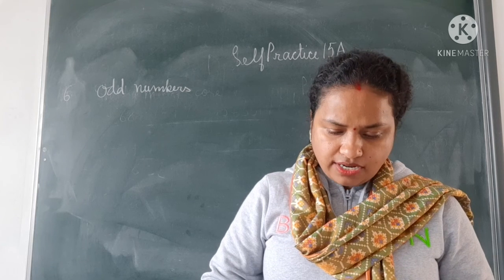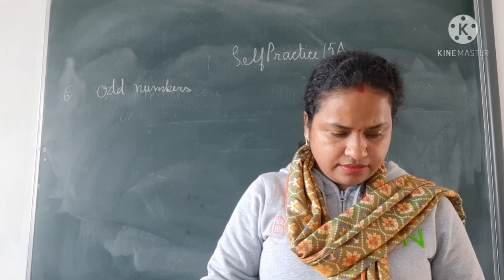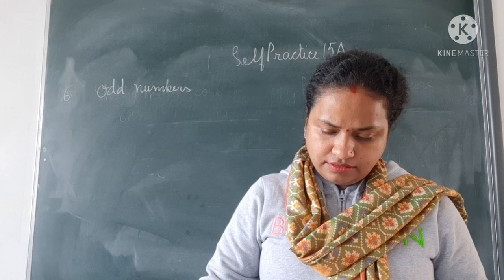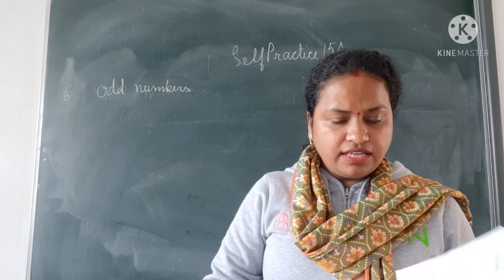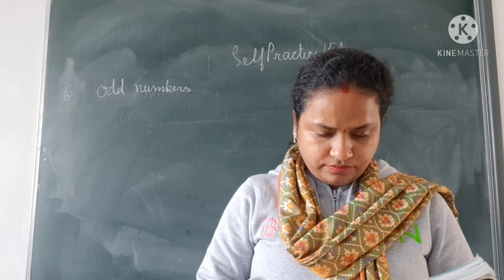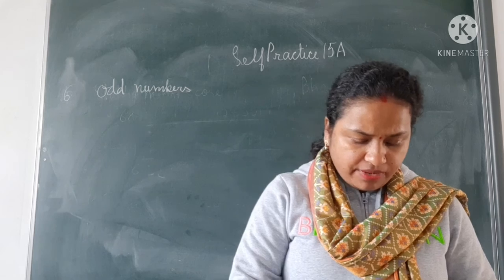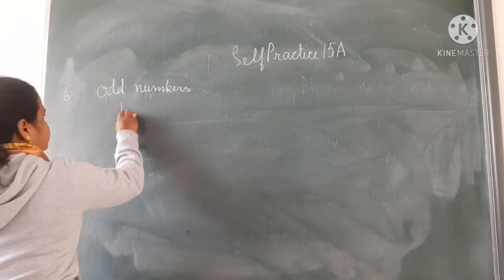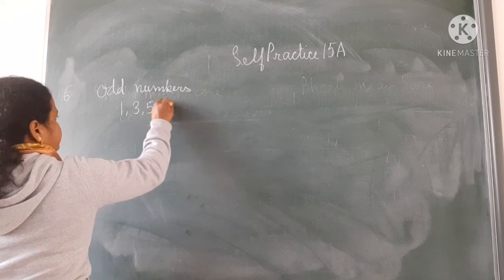Can anyone say what are odd numbers? The numbers which are not divisible by 2 are called odd numbers. Like 3, 5.